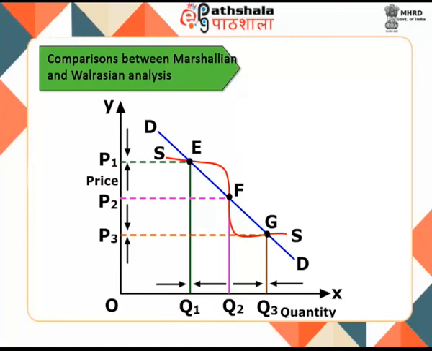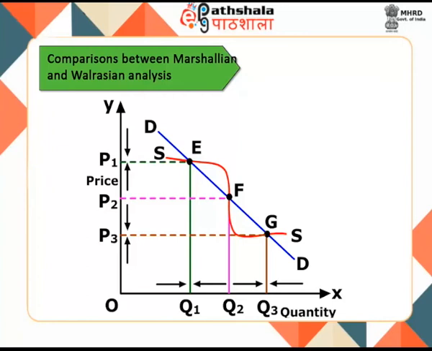On the contrary, if the demand curve lies below the supply curve and the point where they intersect, point F, will be a point of unstable equilibrium.